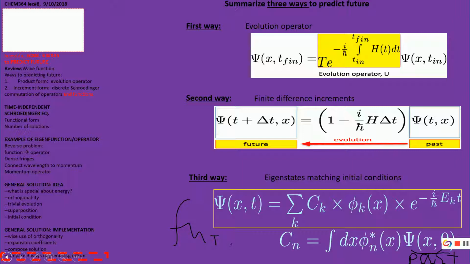We were declaring that the Schrödinger equation generates waves, helps to predict the future, but we didn't have the protocol, the lab manual, for how to get the wave function of the future with the Schrödinger equation. Like in these 2 equations, we have explicitly past and future, past and future.